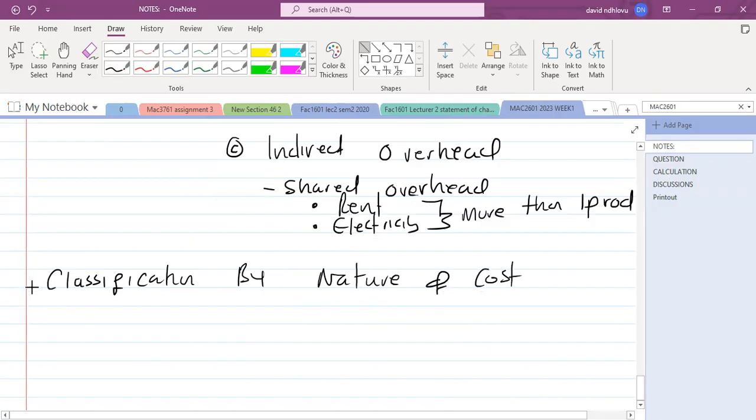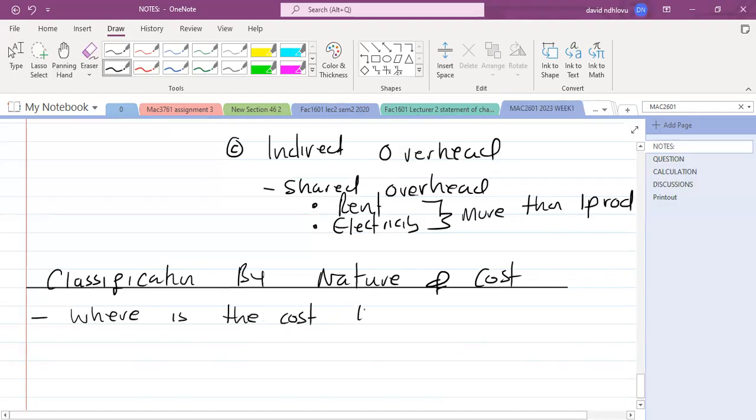So when you classify costs by their nature, the question that you'll be asking is, where is the cost incurred? Where is the cost incurred in the entity or organization?